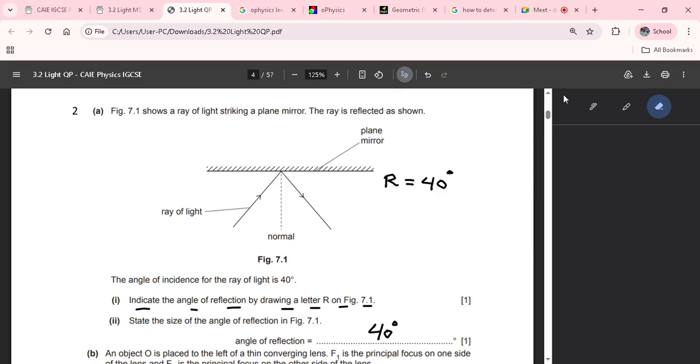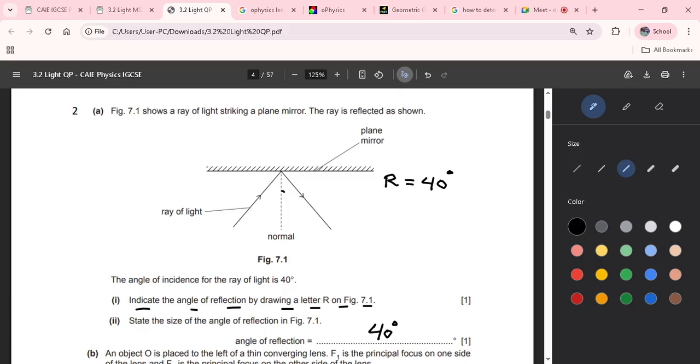So the angle of reflection is this one, which is R, and R is 40. This one is the angle of incidence, so I is the angle of incidence, R is the angle of reflection.